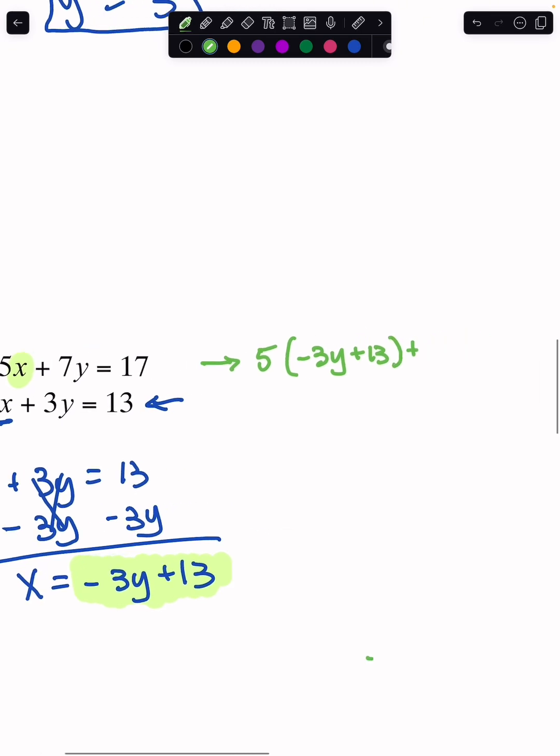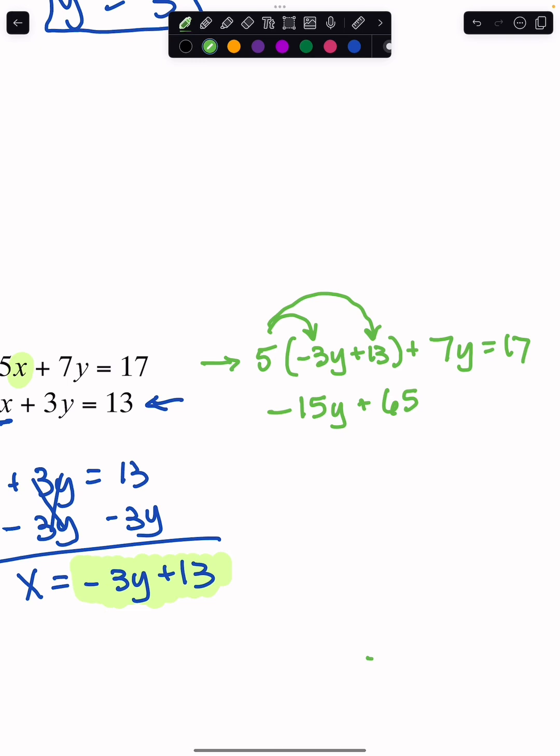Okay? So I got 5 times negative 3 is negative 15y. And then I got 5 times 13 is 65. And then I got plus 7y equals 17.